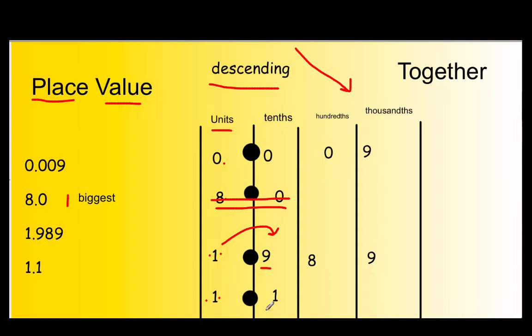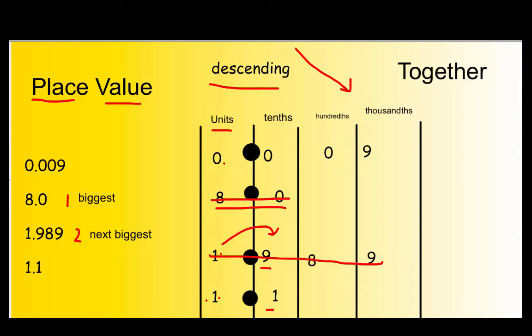This has only got 1 tenth. So what do you think is the biggest one? Okay, I hope you worked out it was this one, 1.989. So that's the next biggest. So we'll write that down. And we can cross that off because that's done.